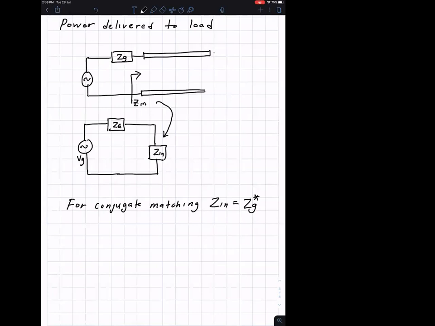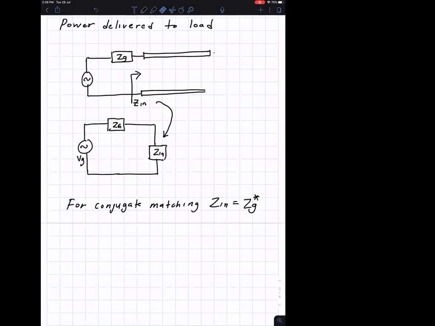Is that ZG or ZL? Z in is equal to ZG, is it? Z in, yes.